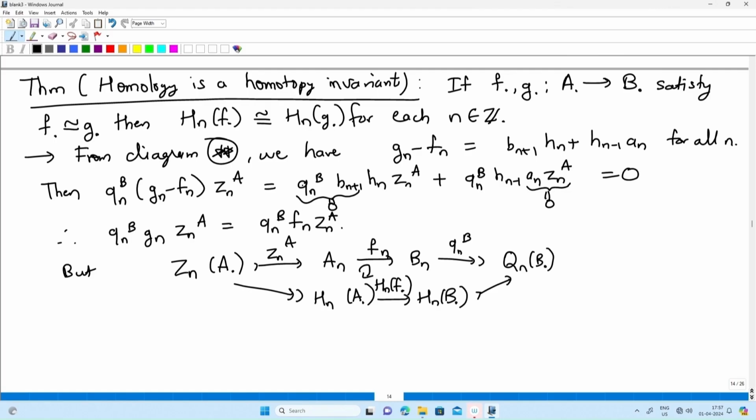So this diagram commutes. What did we just see? From the previous line, we can read that if I replace this Fn by Gn, then nothing is going to change. So even if I replace Hn F dot with Hn G dot, I will get the same thing.